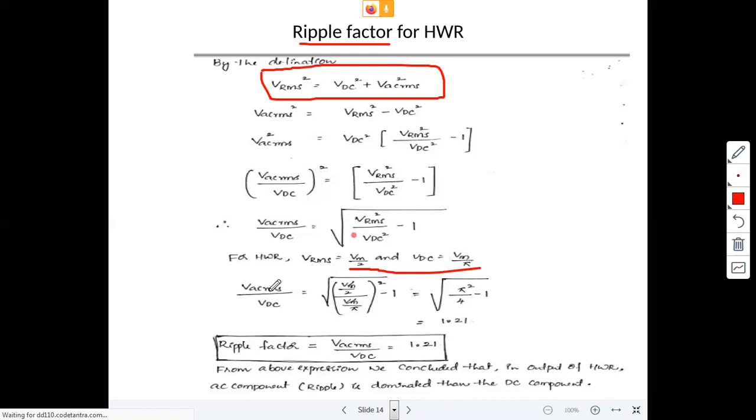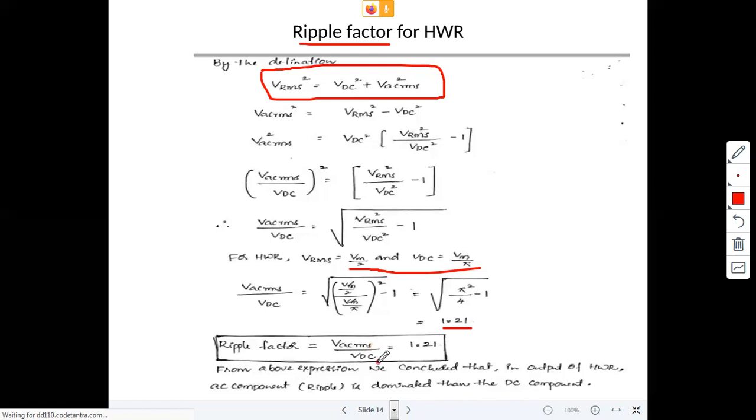Then VAC RMS by VDC is equal to under root, Vm by 2 by Vm by pi, whole square, minus 1, that is equal to under root pi square by 4 minus 1, that is equal to 1.21. Now ripple factor is defined as AC RMS by VDC.